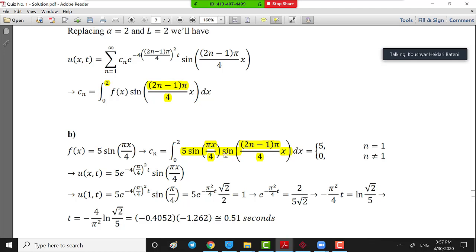And we know that this value is equal to 5 when n is equal to 1. This part is very tricky. You have to be careful not to make a mistake here. And Cn is going to be equal to 0 when n is not equal to 1.